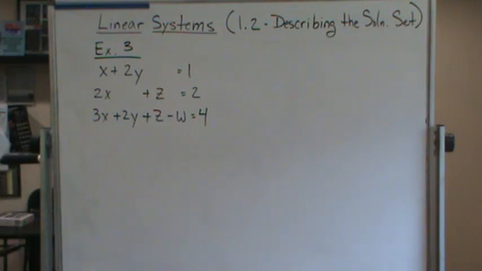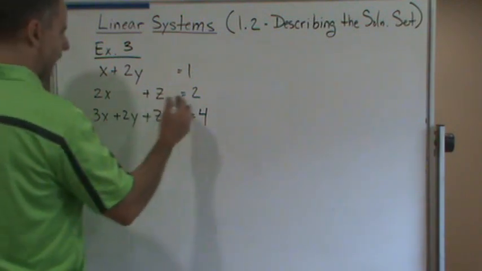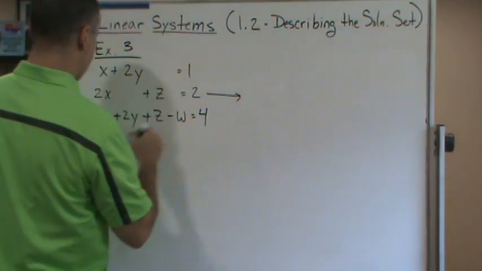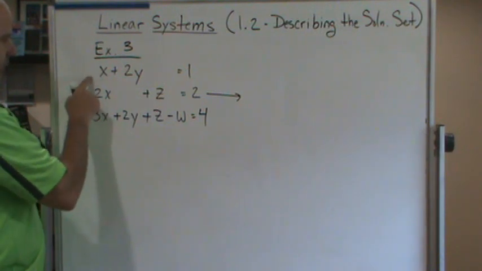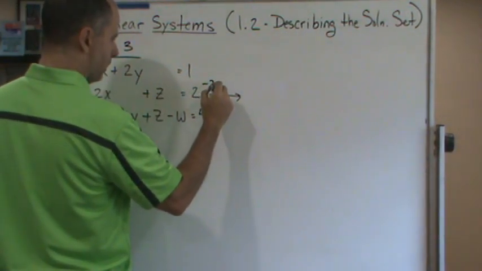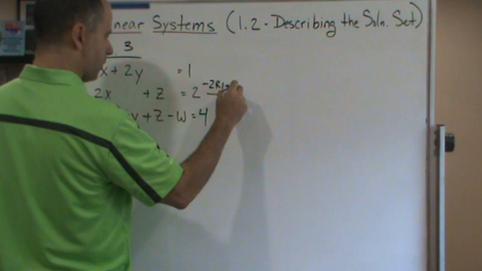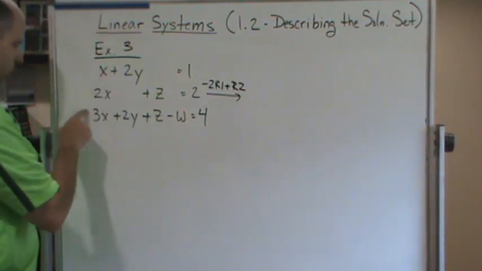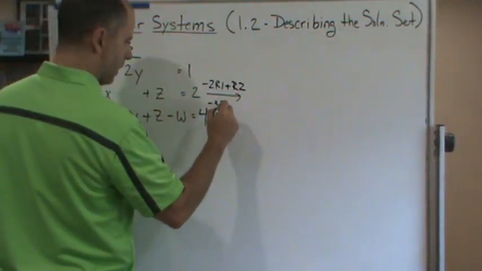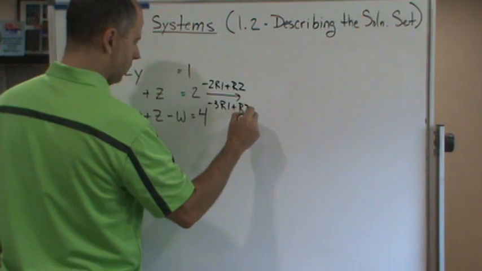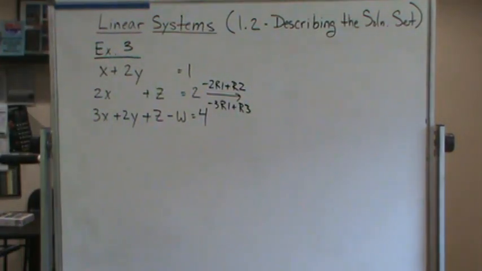Here we're going to eliminate the x's. I'm going to start with -2 times R1 plus R2, and then -3 times R1 plus R3. Let's see what we get.